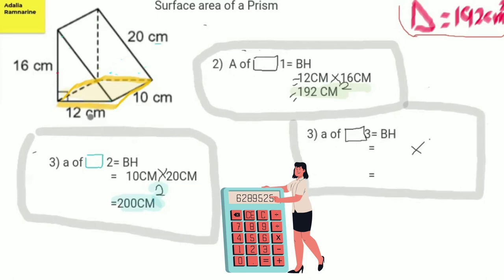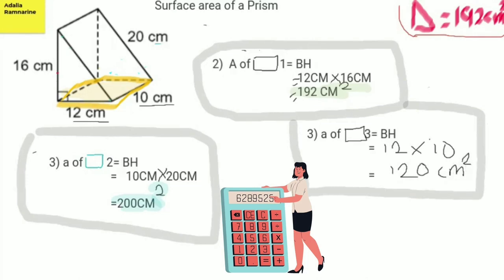The base of this will be 12 cm and the height of this will be 10 cm. This will give a total of 120 cm square. Now we have finished finding the individual areas for the figure.